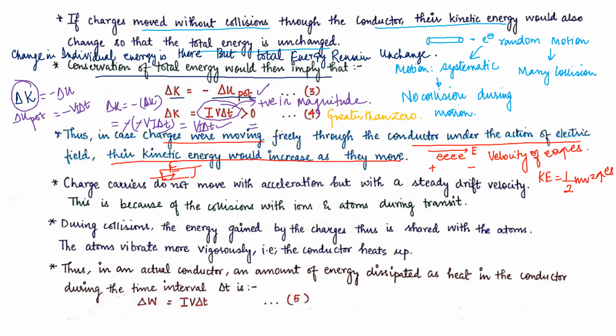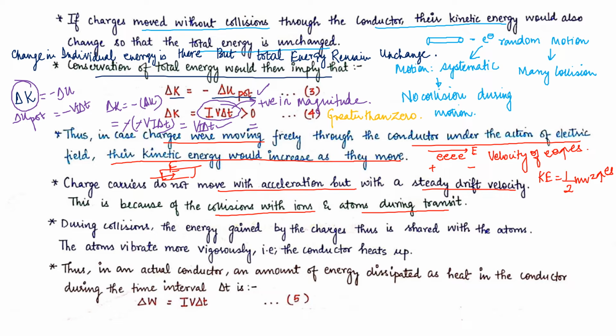Okay. Charge carriers do not move with acceleration but with a steady drift velocity. This is because of the collision with ions and atoms during the transit. Whatever is carrying this charge will move with the drift velocity. They are getting drifted towards the forward direction, but they will not get accelerated. Their motion will not show any acceleration.